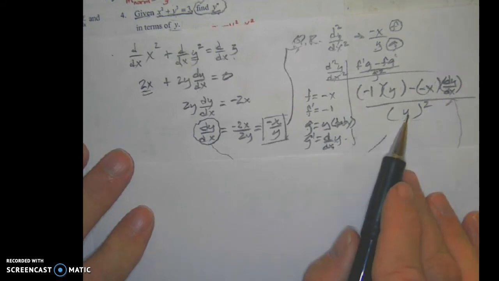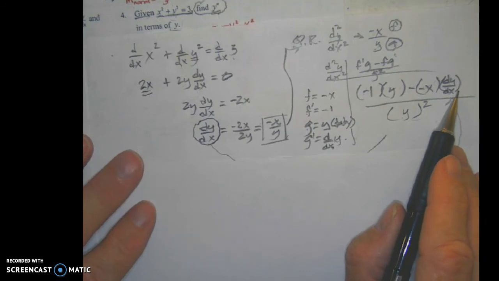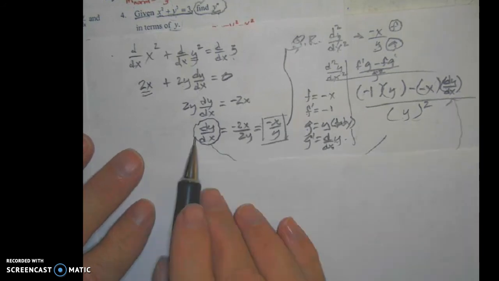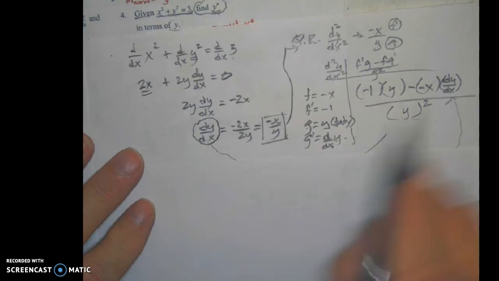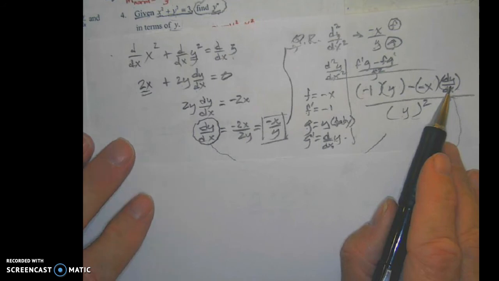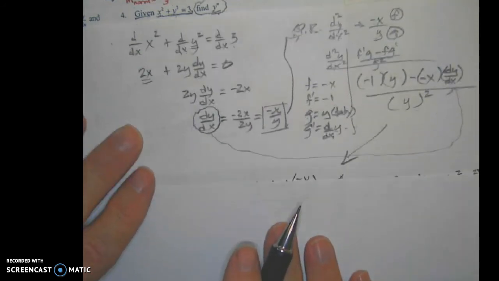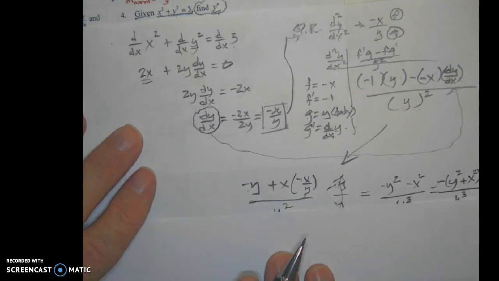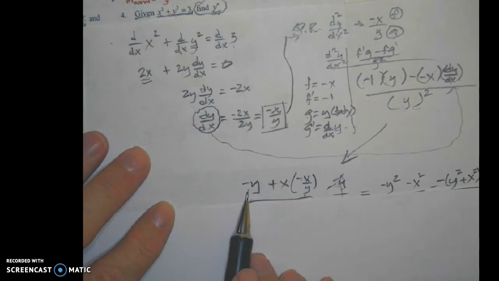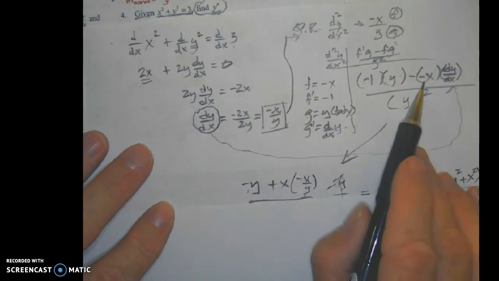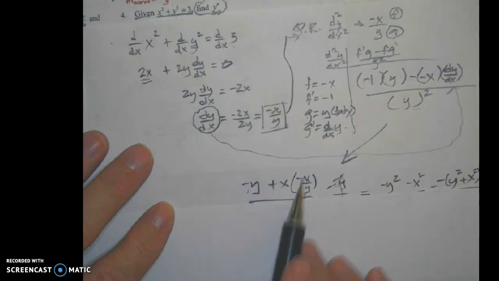When I do, I've got this dy dx sitting out here. Now remember, we found what dy dx was back here. So we're going to allow that value to replace dy dx right here. And when I do, it's going to help get rid of some of the confusion in the problem. Because now what I've got is negative y right here. I have positive x times the value negative x over y right here.